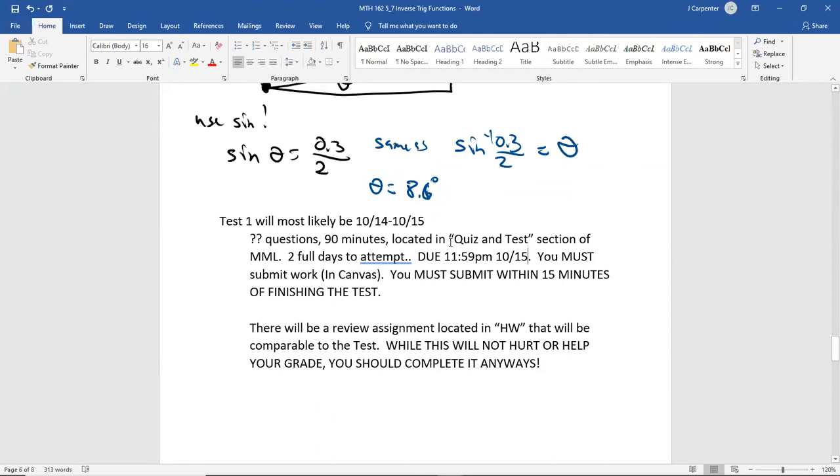Please understand, and I mentioned this at the very beginning of the semester, I am not going to give you any problems on a test ever that are convert degrees to radians. I'm not saying you won't have to do that for some reason. What I'm saying is I will not give you a problem where the only thing you have to do is convert degrees to radians or vice versa.